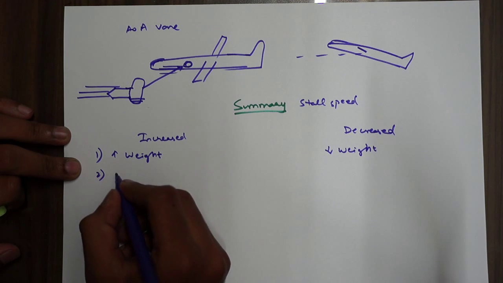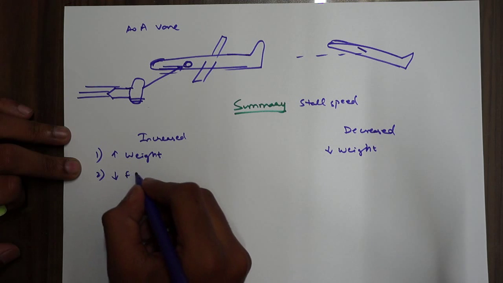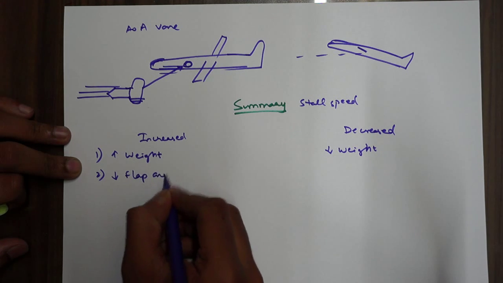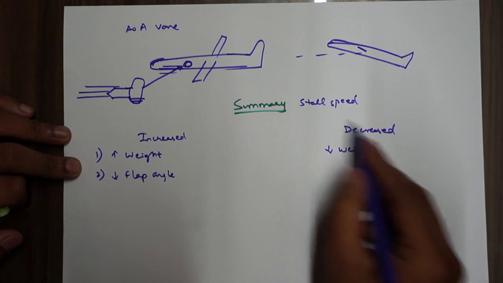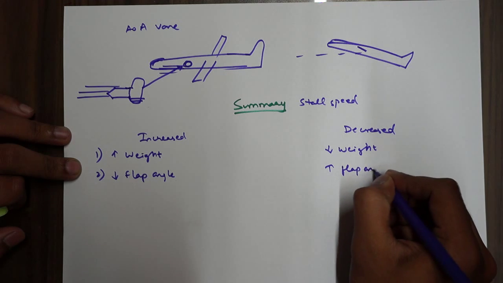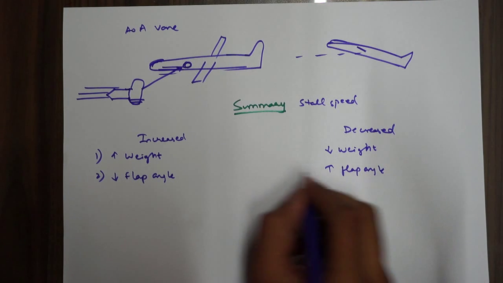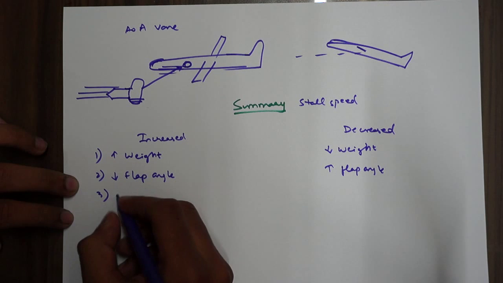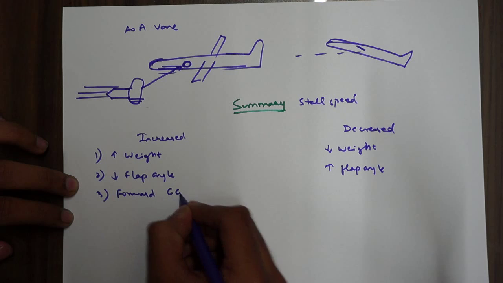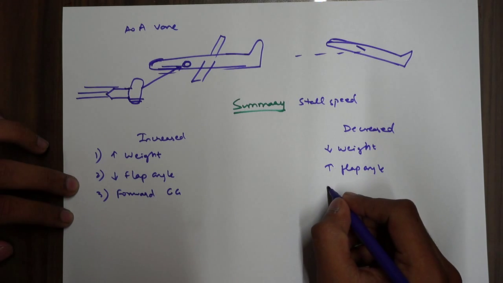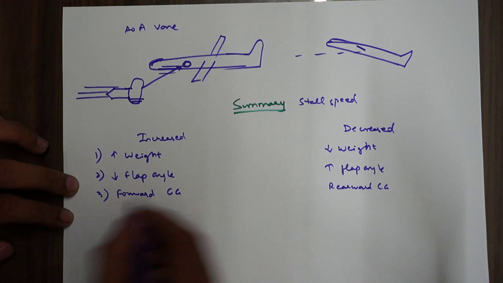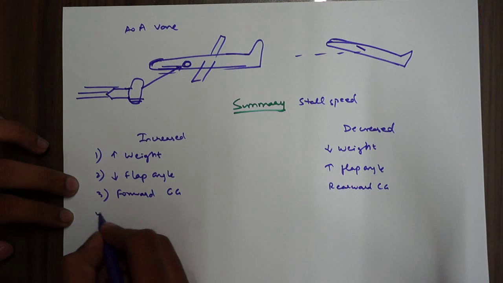Stall speed will increase with decreasing flap angle. Stall speed will decrease with increasing flap angle. Stall speed will increase with forward CG. Stall speed decreases with rearward CG.